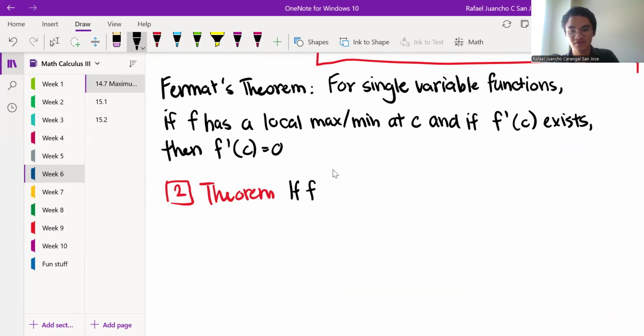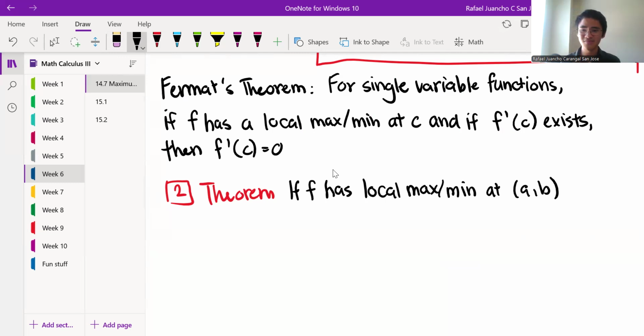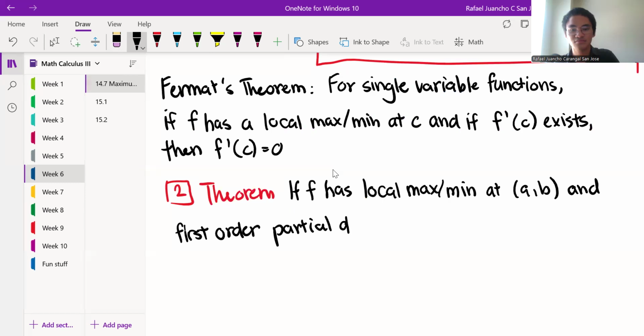So here we're saying if f has a local max or min, and we're going to say it's at the point AB, because we have 2 points, and the first order partial derivatives exist, so that's f sub x and f sub y, then we're going to say both of their slopes are zero. Both of their tangent lines are zero.